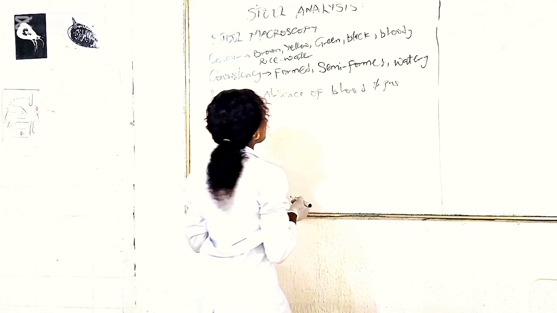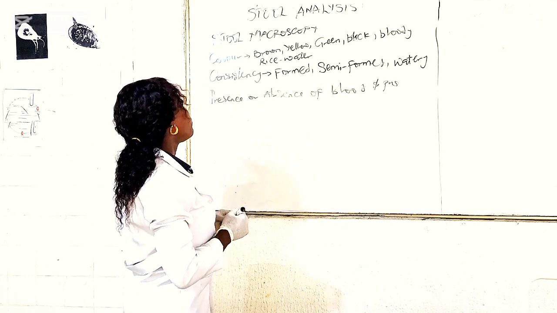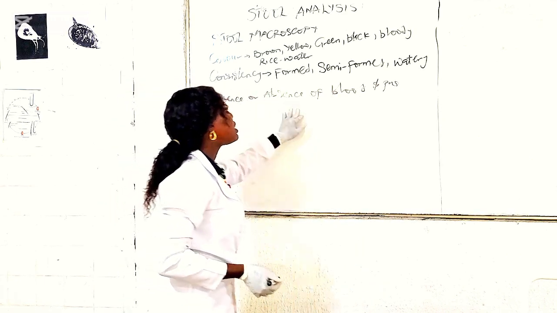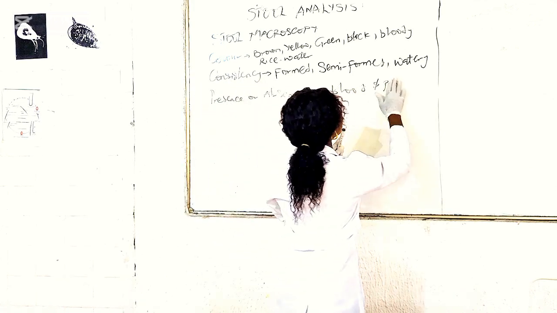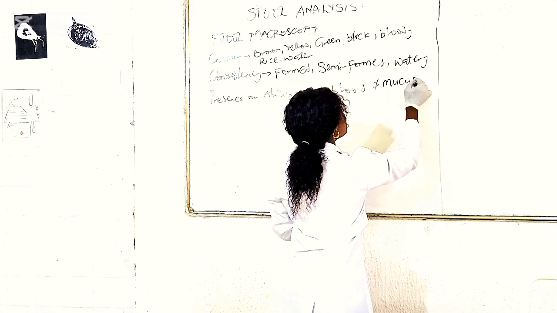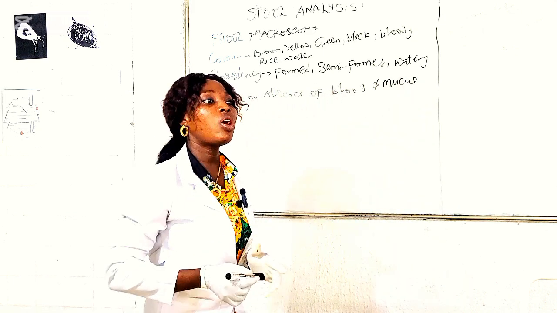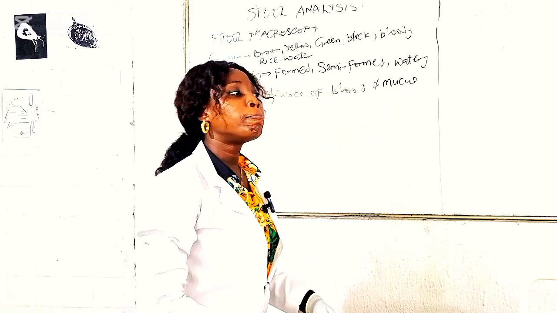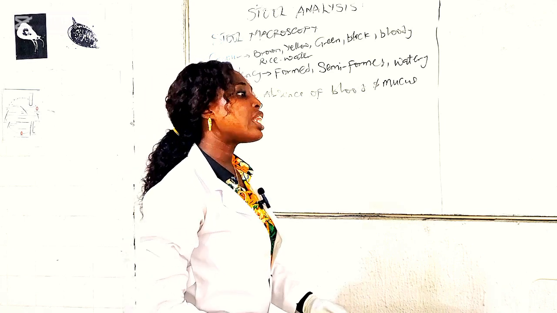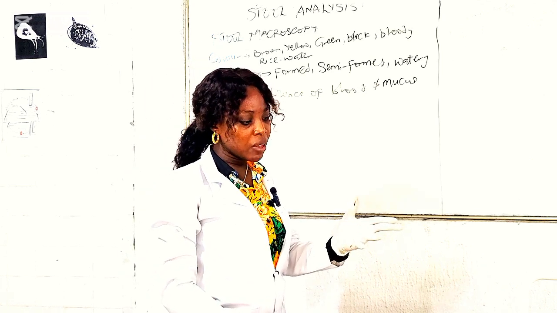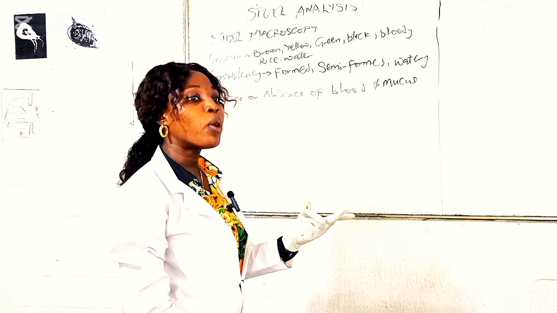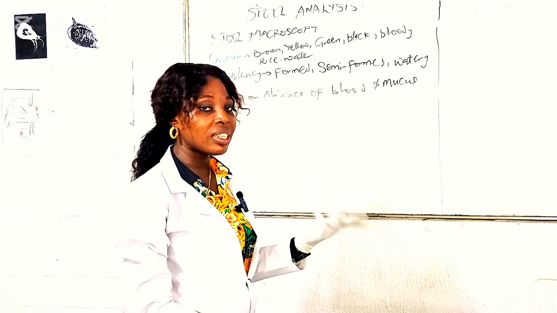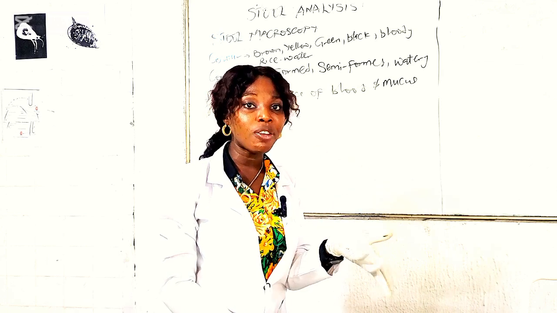We're experiencing watery stool. Now, you also check for the presence or absence of blood and pus. I can call it mucus. Mucus is kind of slimy, like when you're having rhinitis, catarrh, the fluid that comes out from your nose.